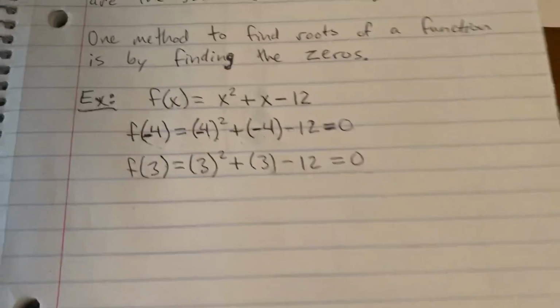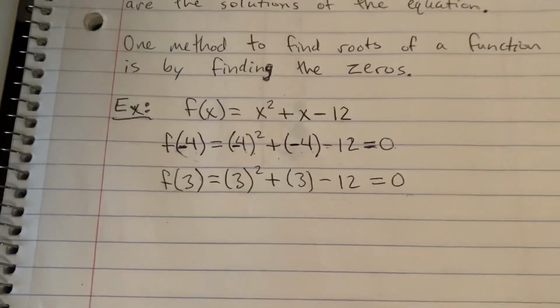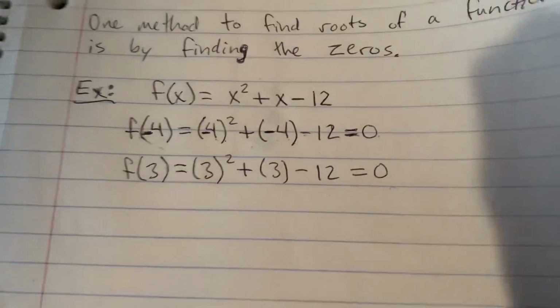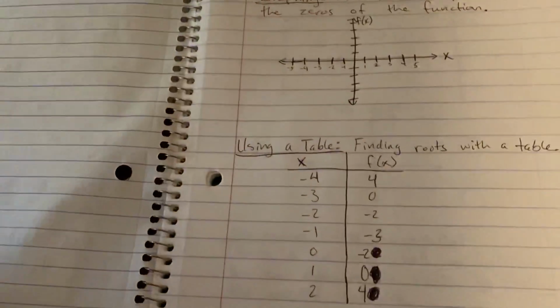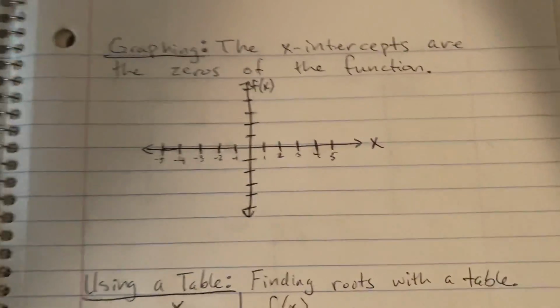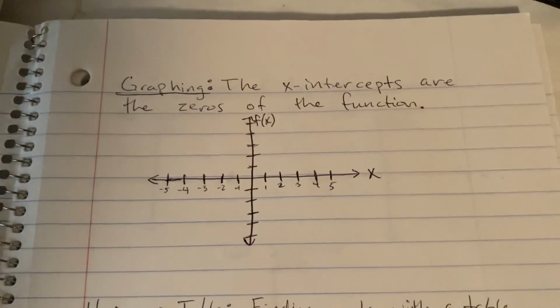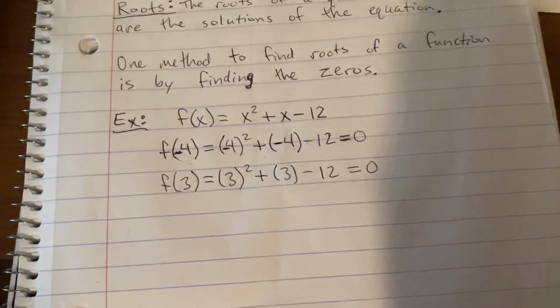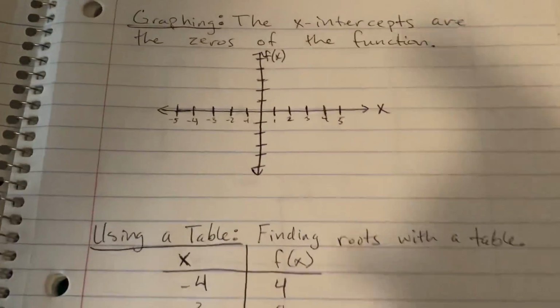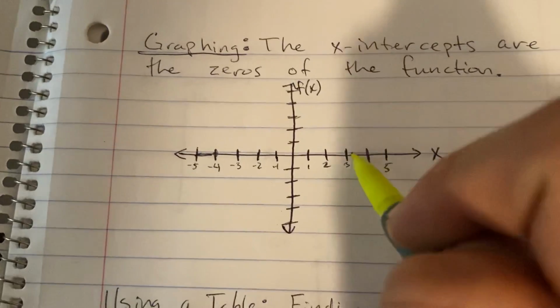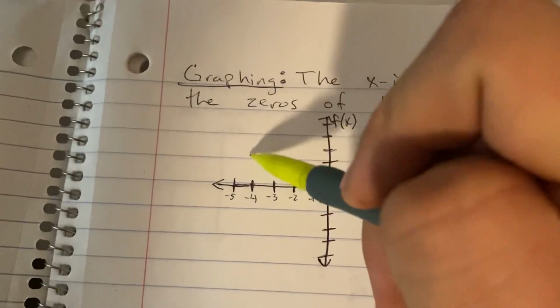Now, it might be challenging to see how we come up with this as an answer for the roots, but a way that we can do that is through graphing the function. If we graph this function, x squared plus x minus 12, we have the roots at negative 4 and positive 3.